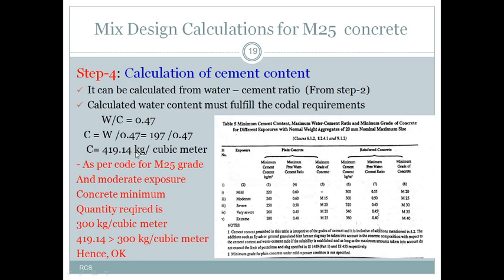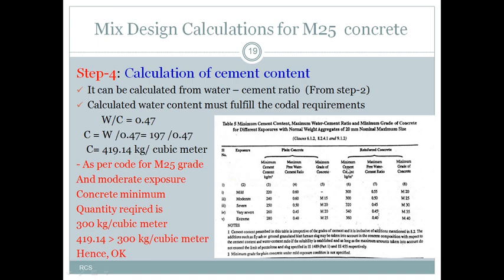Whether this value is really fulfilling the codal requirements, for that we have to check table number 5 of your IS 456 2000. For this, see here I am using minimum grade. I am designing for the grade of concrete, mix proportion grade of concrete M25.